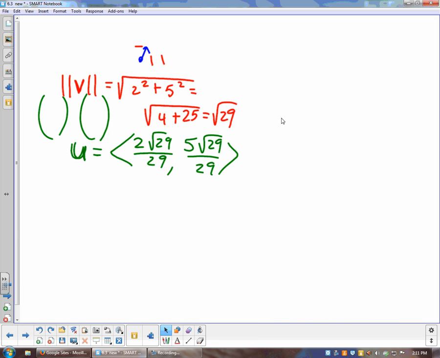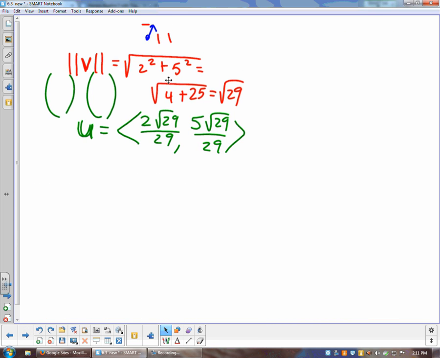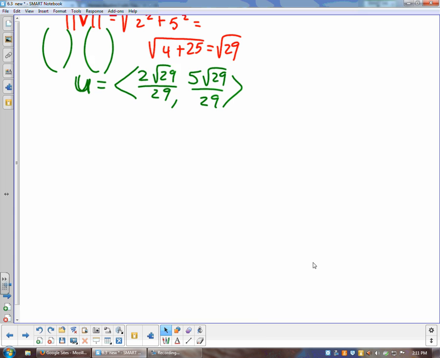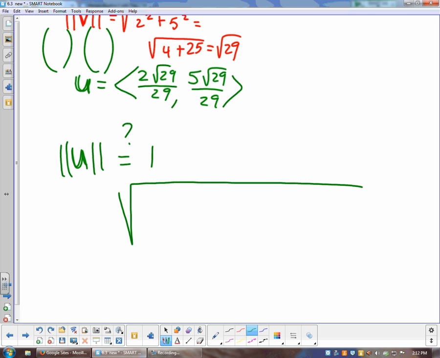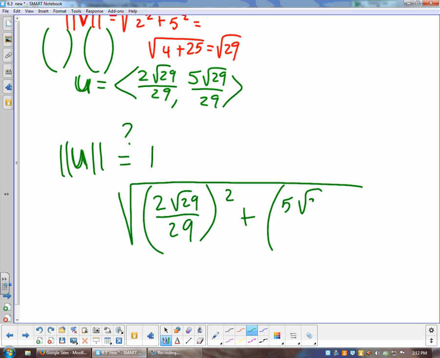All right, so got a bunch of stuff here, but if we were trying to verify that the magnitude of vector u is really equal to 1, then we could find the magnitude by taking the square root of (2 rad 29 over 29) squared plus (5 rad 29 over 29) squared, and we want to show that that's actually equal to 1.